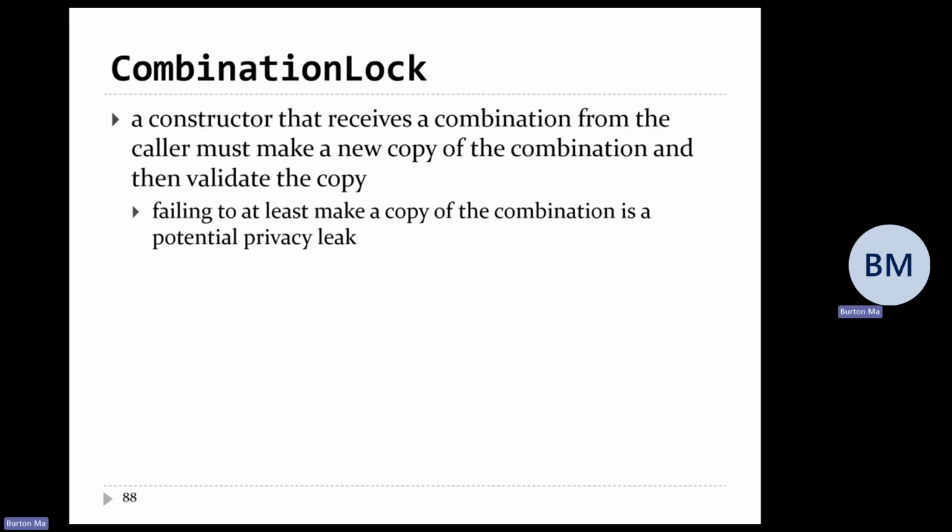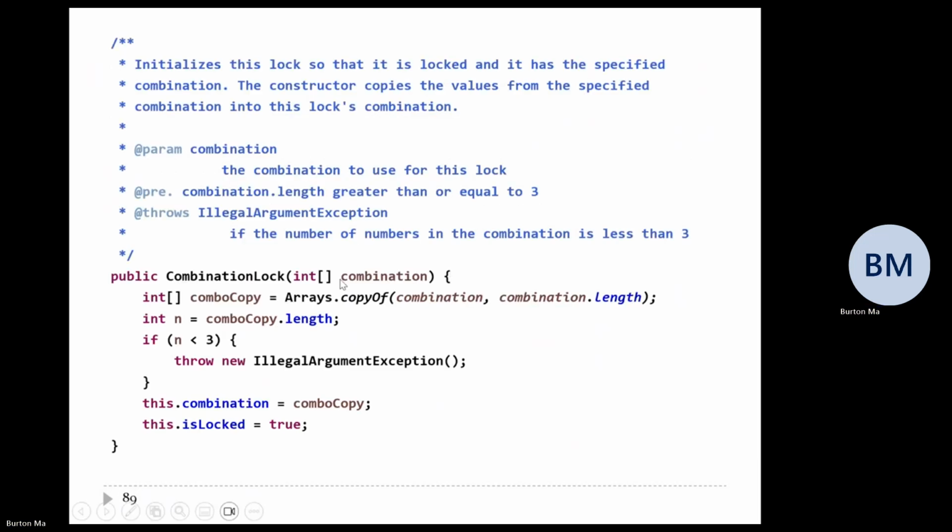Okay, now if someone makes a combination lock and passes in a combination that's encoded in an array, you have to copy the array. So in this case, someone's going to make a combination lock and pass you the combination as an array of int. You need to make a copy of the incoming array.